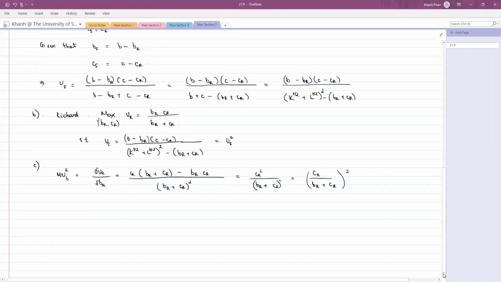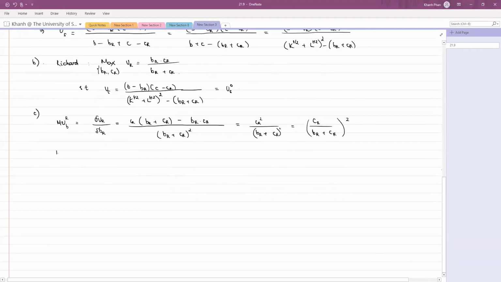All right, so very similar for the marginal utility of C for Recharge. That's just the differential of the utility of Recharge with respect to CR. So I'm going to get a very similar result. I'm using the quotient rule again.